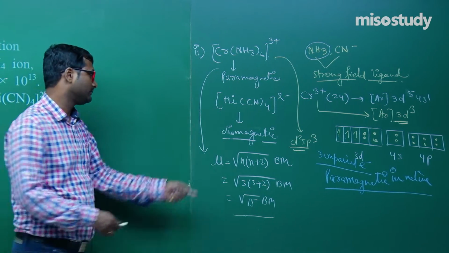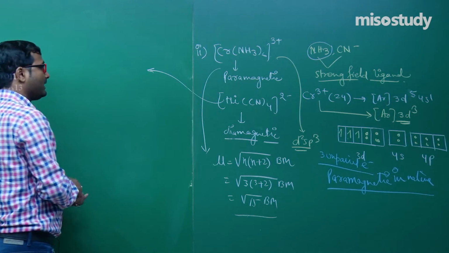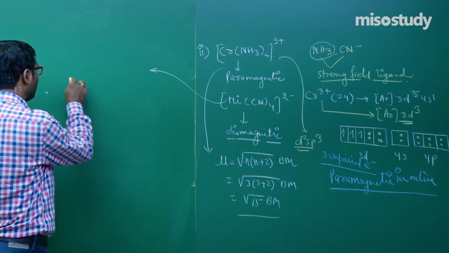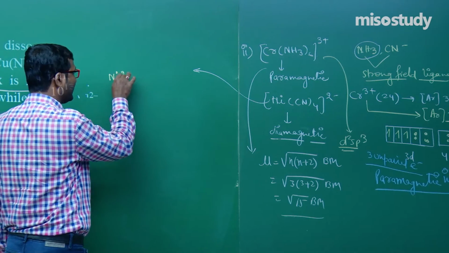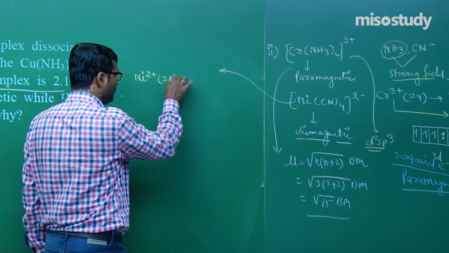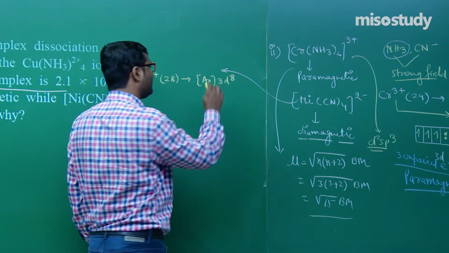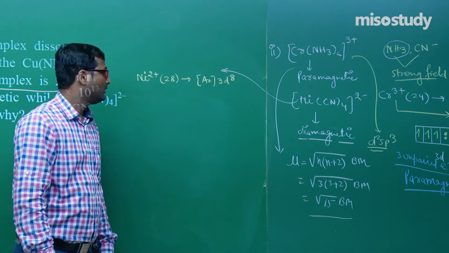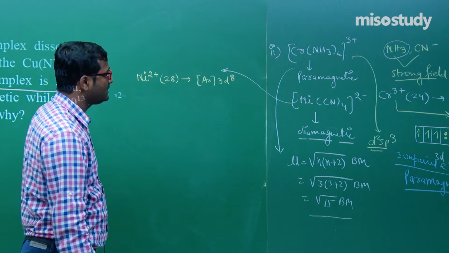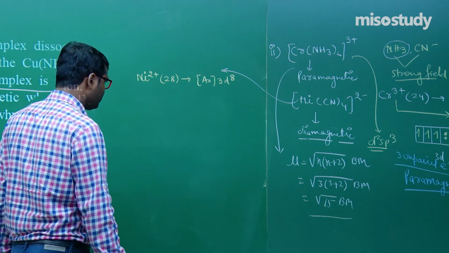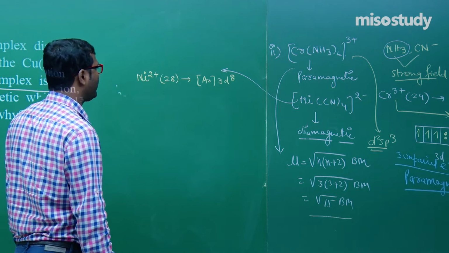Now, check this one, Ni(CN)4. Now, what is the oxidation state of nickel? It is Ni2 plus. As we know, the electronic configuration will be argon 3d8. Now, what will happen in this case?